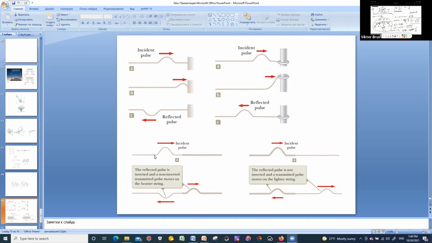And pay attention to the amplitude. You see here the amplitude is larger than the amplitude in the reflected and transmitted waves. It means that we have some splitting of the energy which is transmitted by this pulse to reflected and transmitted waves. We will discuss in detail the energy transfer carried by waves during our next discussion on Friday.